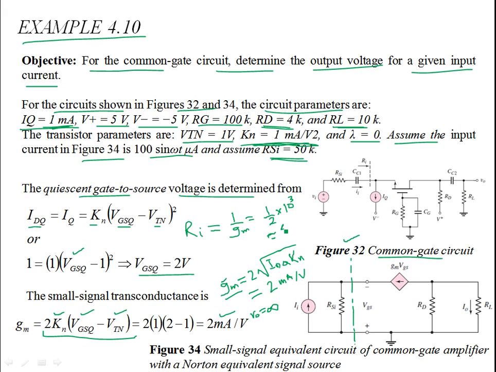The input resistance is about 500 ohms, and the output resistance depends on RD only. So the output resistance R0 is basically RD, which is given as 4 kilo ohms. So that is your input resistance and the output resistance. The input resistance is 0.5 kilo ohms, which is small. The output resistance is dictated by RD. We are not considering ro in this configuration.